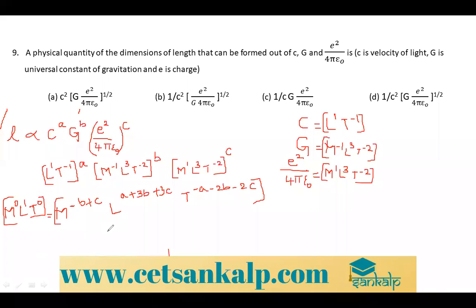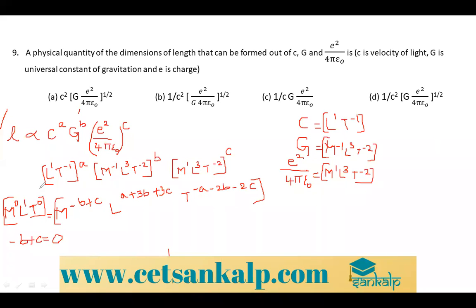Okay, so now we are going to equate. So when you do that equating, okay, now we are going to equate that. So minus b plus c is equal to 0.